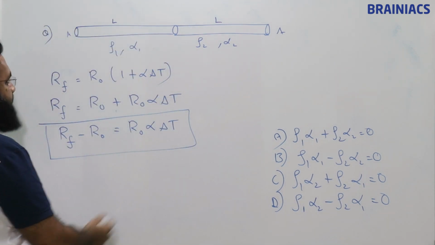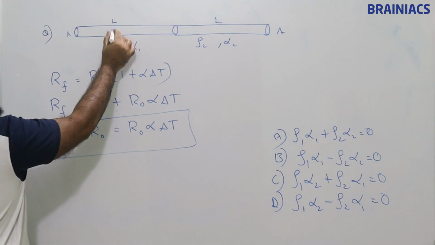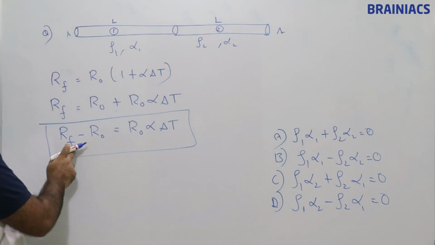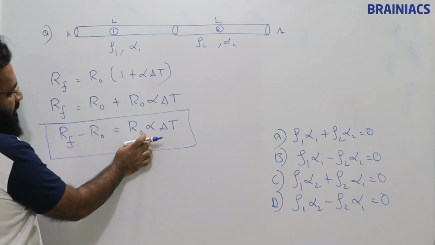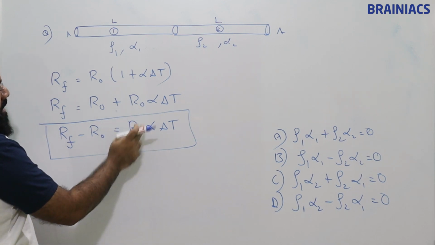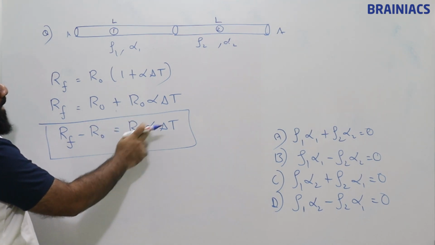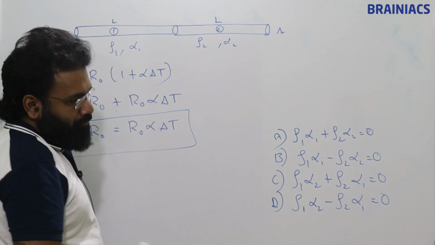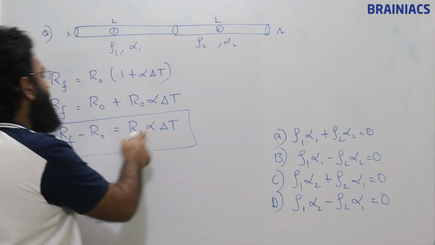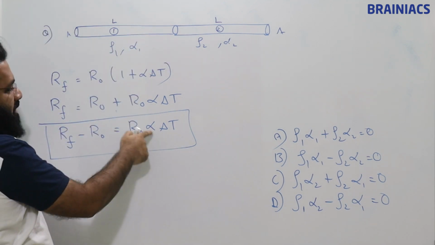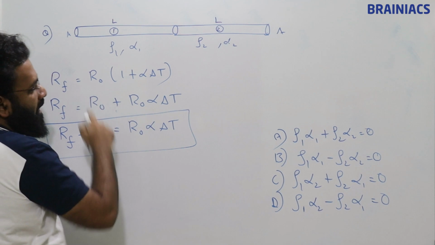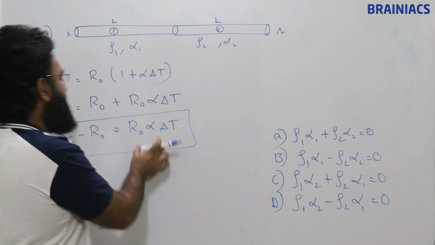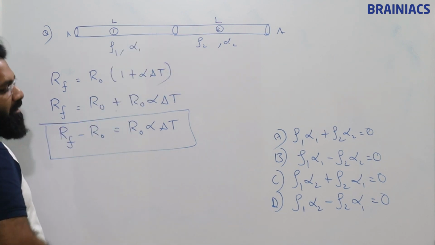So if I consider this as 1 and this as 2, then Rf minus R0, actually, R0 into alpha 1 into delta T plus R0 into alpha 2 into delta T will be 0. The sum of change in resistance of that must be 0.